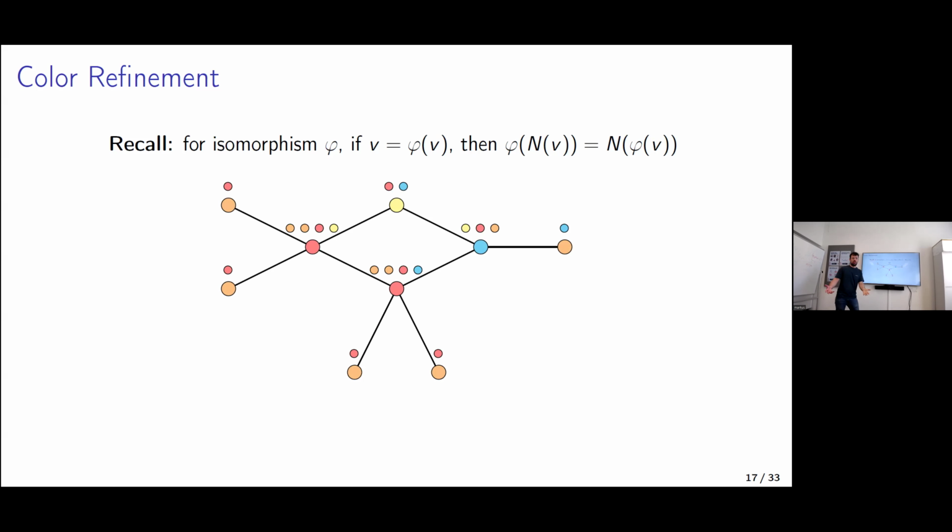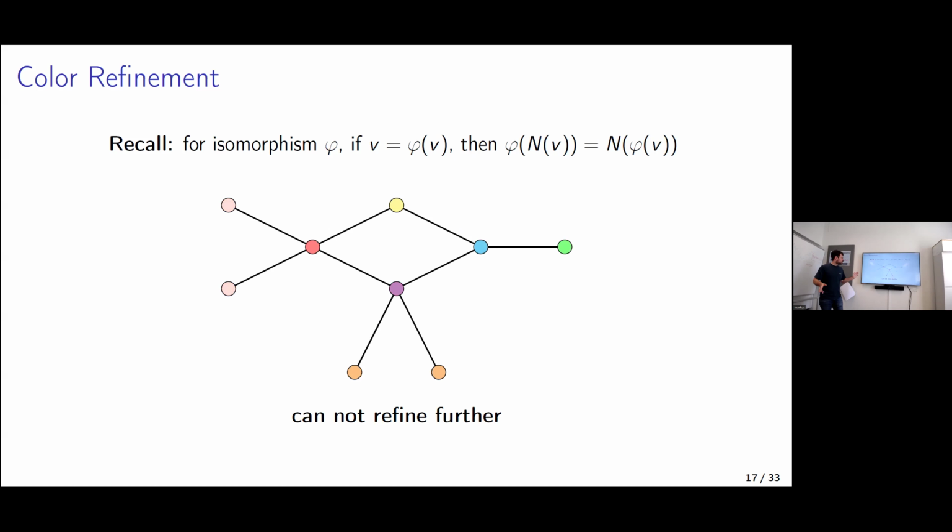And this doesn't work, because only equally colored vertices can be mapped onto each other. Then we distinguish the colors further according to these neighbor counts, this color degree. And then we just do it again. We again look at the neighbor colors, we distinguish the vertices, and we do that until we cannot refine the graph any further. So we've simplified the problem.